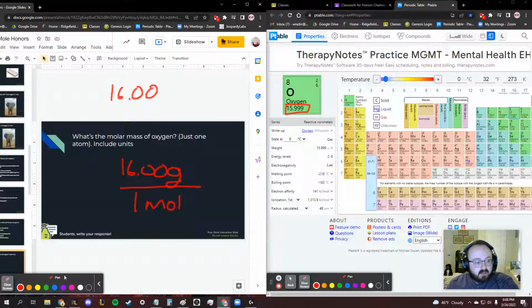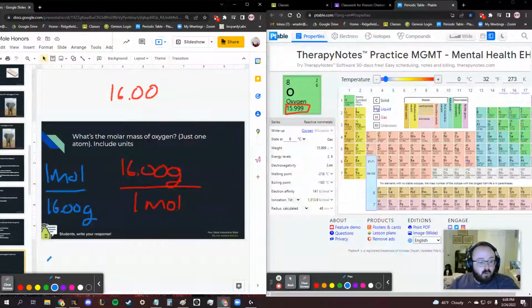I can also say, on the same exact statement, if I have 1 mole of oxygen, I have 16.00 grams. These are the same statement. Because this is a ratio, this is true. 1 mole for 16.00 grams, 16 grams for 1 mole. They're just the same statement, just going back and forth. And we'll see why this is going to be important later. All right, so I will start writing things out like this, but this is really just the unit. Our unit is grams per mole.